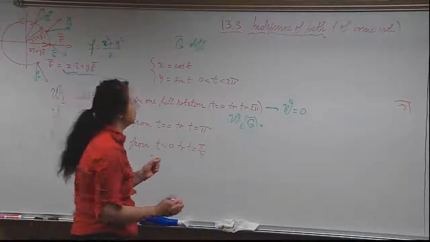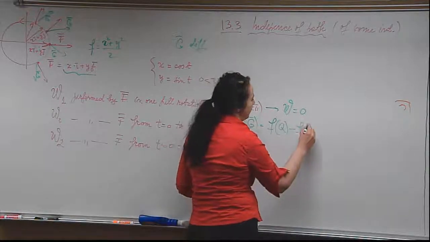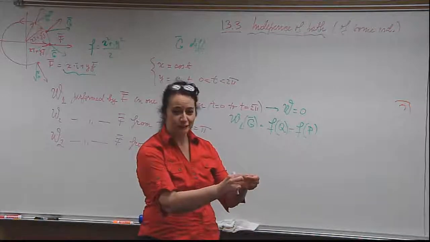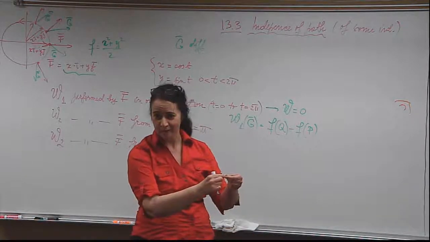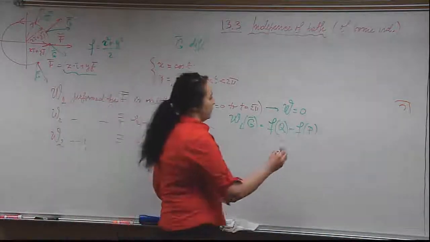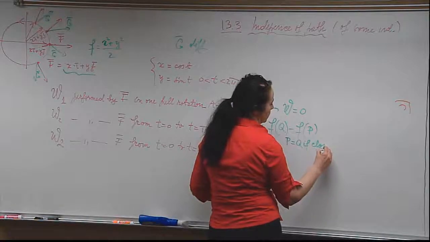So the closed loop will say, take F at the terminal point minus F at the initial point. But if it's a loop motion, your terminal point is the initial point. Duh. So you have the same point, P equals Q if it's a closed curve.